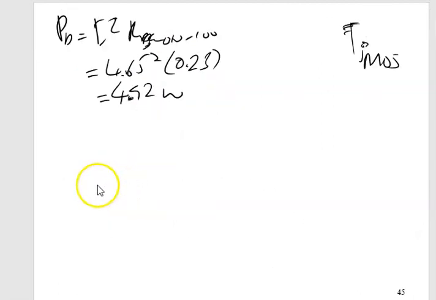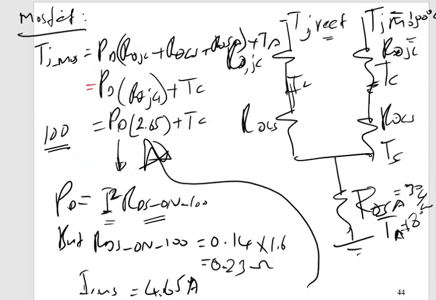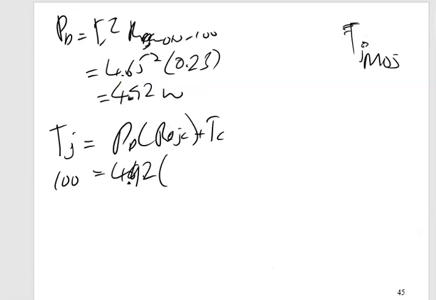So you shall get your TJ, which is equal to PD times R thermal JC plus TC, which is 100 equals 4.92 times R thermal JC, which is just now 2.65, plus TC. So now we are able to find the unknown TC, which is how much?